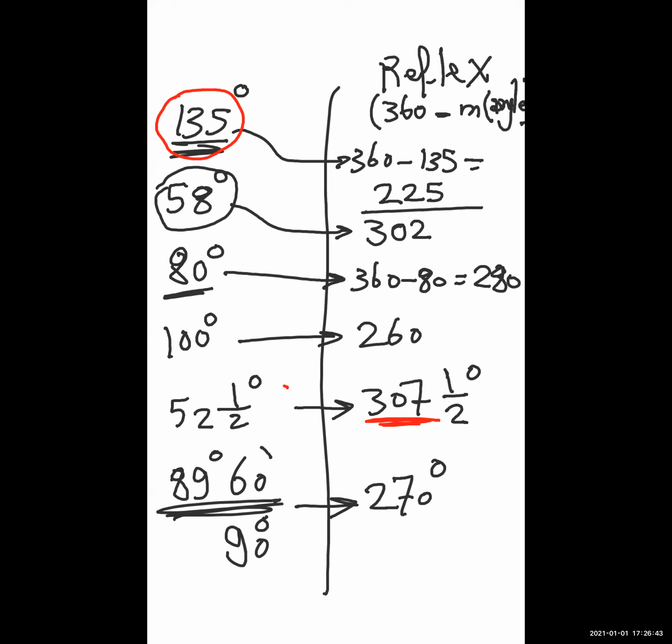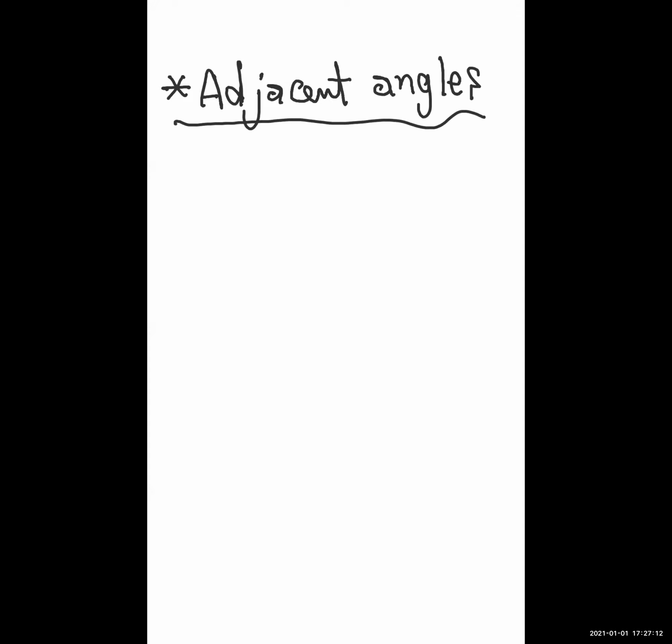Okay, so the next point will be some relations between the angles. Okay, some relations between the angles. So the first one is the adjacent angles. Adjacent angles, guys, it's like these two angles.